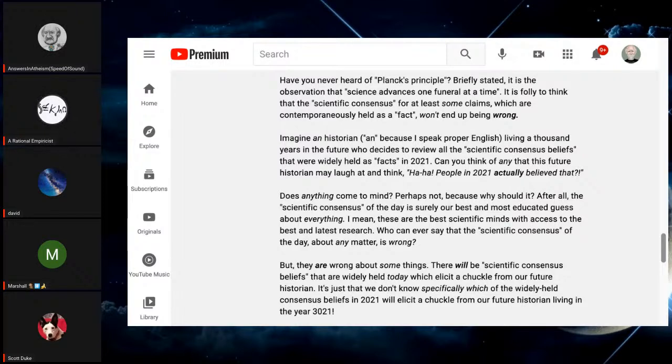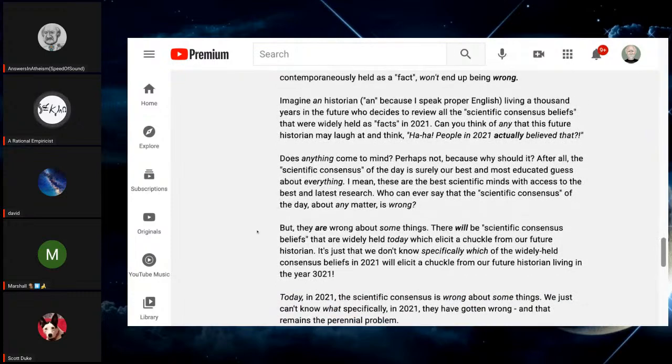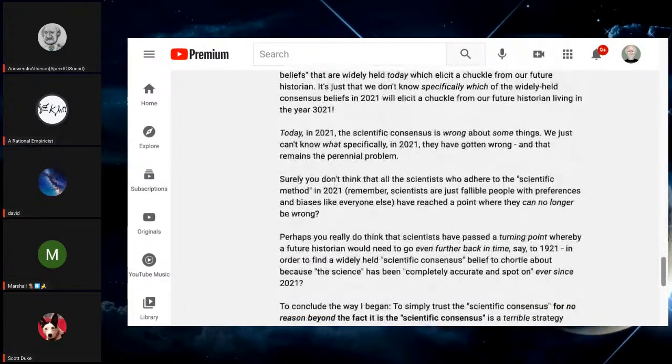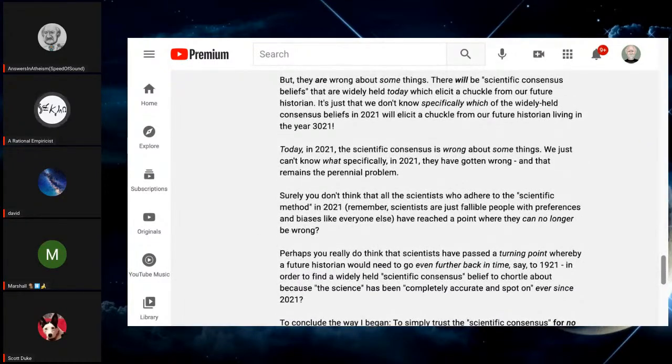my 2 big complaints with his comment is that, for one thing, the fact that science gets things wrong and learns from that isn't a bug of the system. It's what it's supposed to do in the first place.